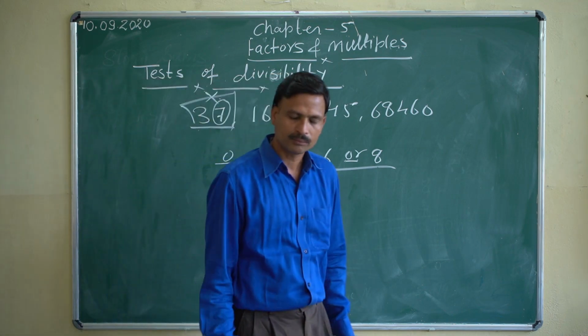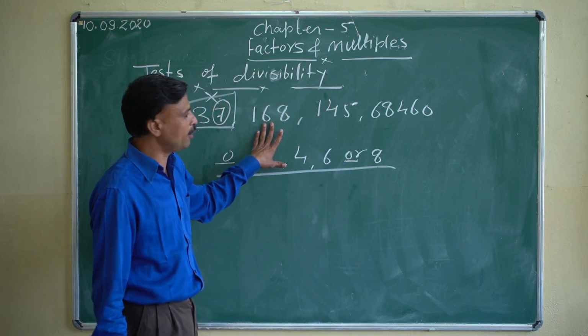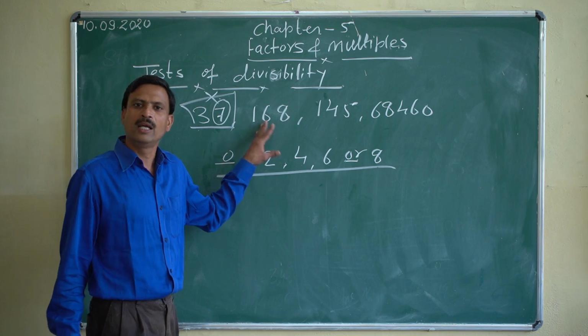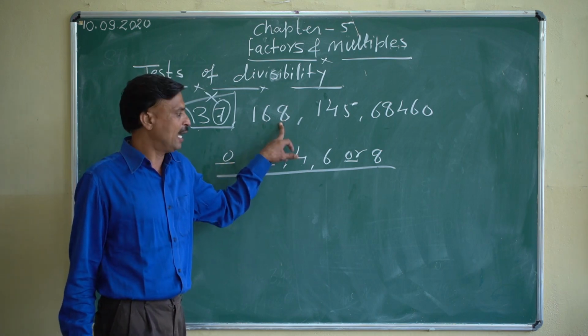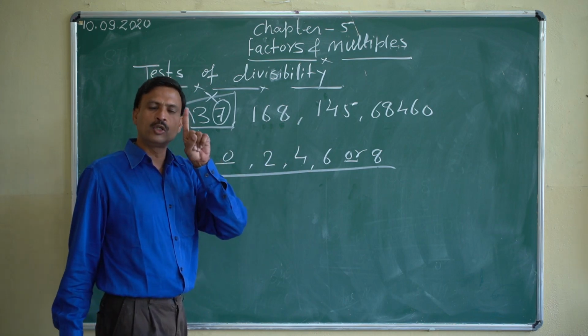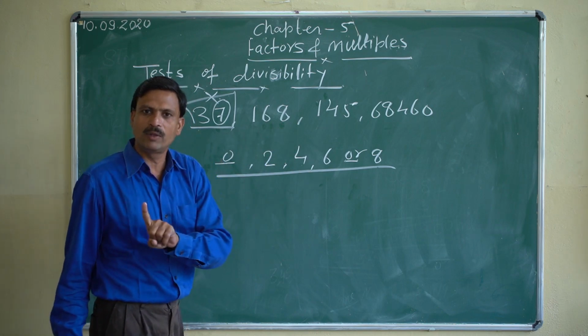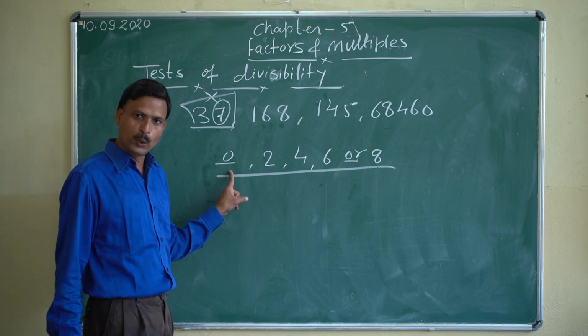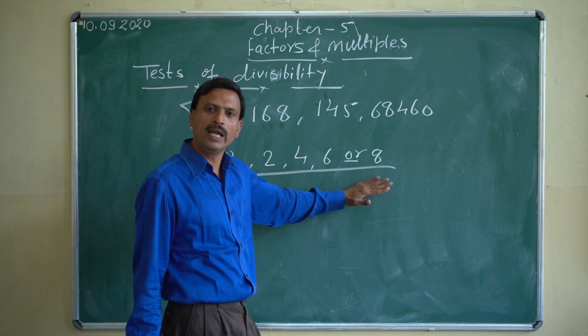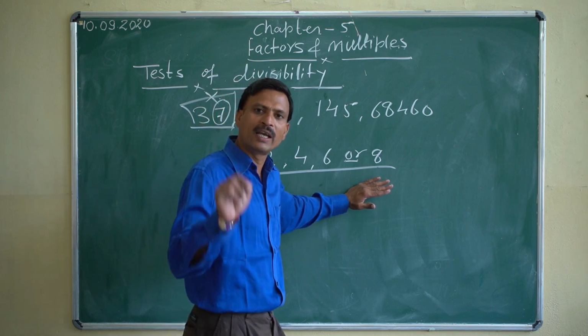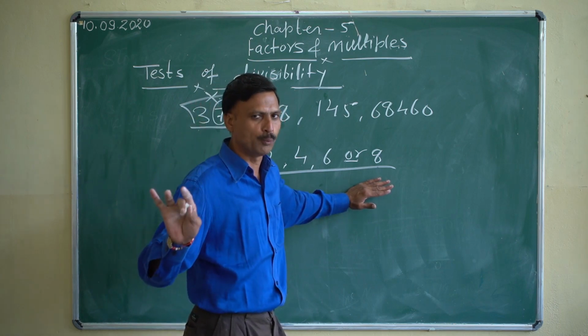Are you getting it? The second number is 168. What is the unit place digit of 168? It is 8. If the unit place digit of any number is 0, 2, 4, 6 or 8, then the number will definitely be divisible by 2. So 168 is divisible by 2. The next number is 145.